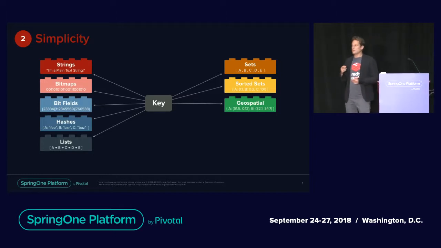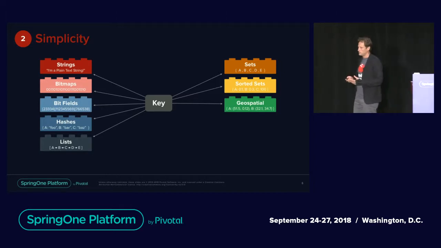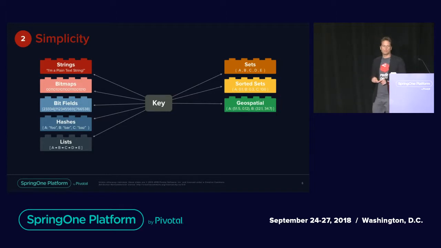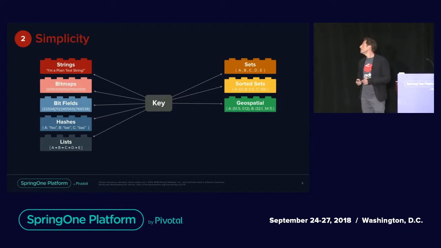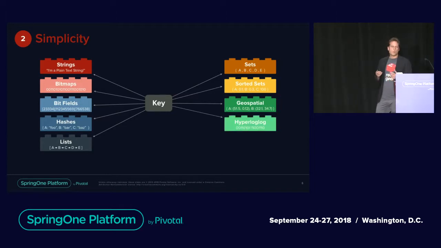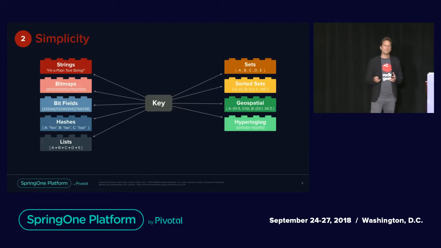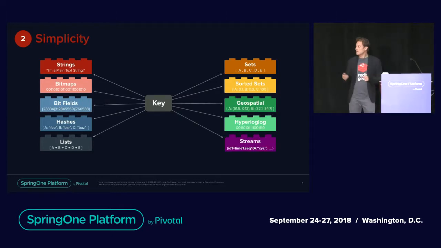Geospatial is a data structure that lets you do geo commands, like give me the data that's within a certain radius around that GPS coordinate. HyperLogLog is a probabilistic data structure that allows you to count things with a margin of error in a very compact fashion. And finally, the latest addition to the Redis data structures is streams.